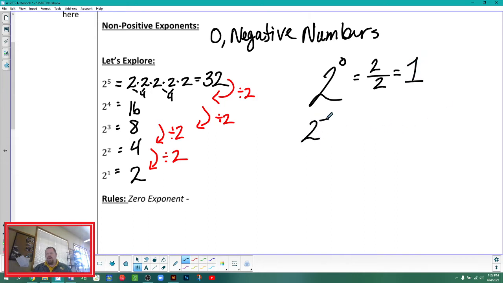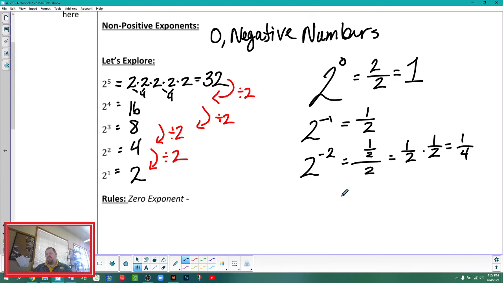And this pattern actually continues. 2 to the negative 1st power is 1 divided by 2, or 1/2. 2 to the negative 2nd power would be 1/2 divided by 2, which takes a little bit of work, but we keep change flip, and it's actually 1/2 times 1/2, which is 1/4.